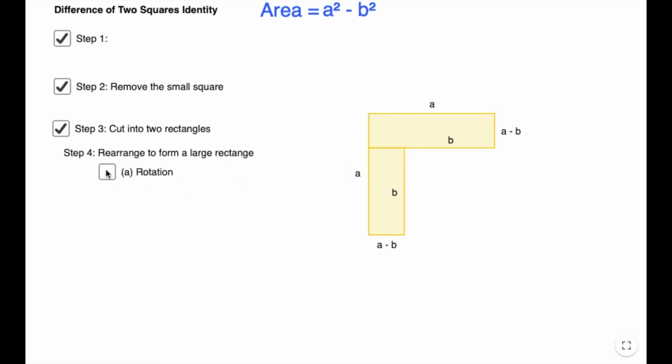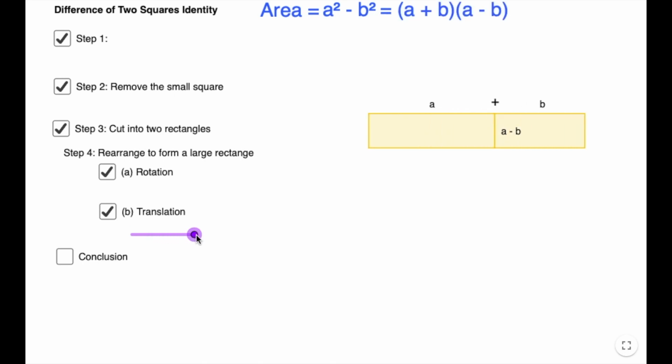And we can see this happening now. We can rearrange it to make a big rectangle. So we can rotate this round, and now that's on top of the other rectangle, and then we can slide it along.